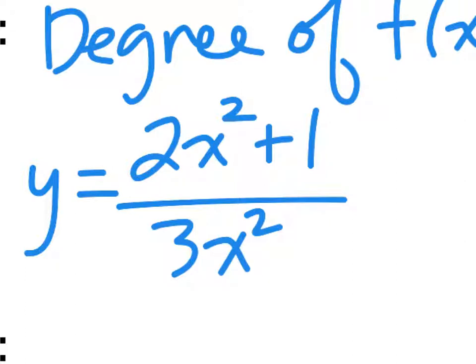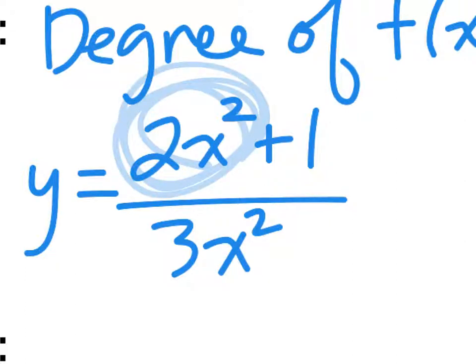No, the only part that matters is the 2x squared. In the denominator, there is no other part. So then it's just 2x squared over 3x squared. Then we ask ourselves, which one of the x squared is expanding faster?